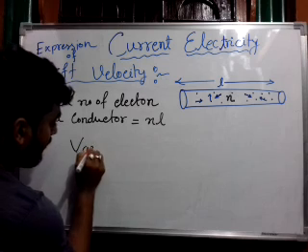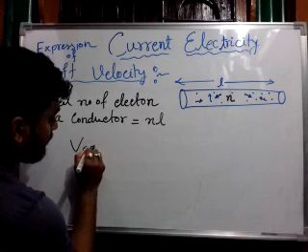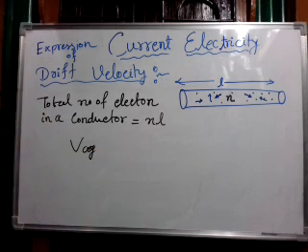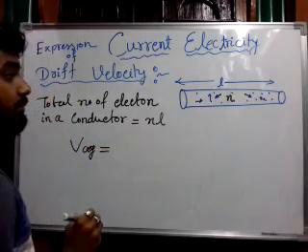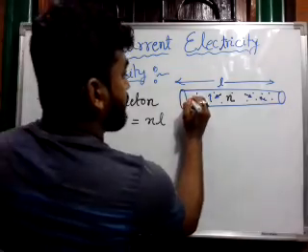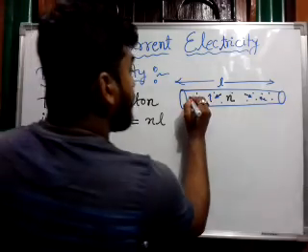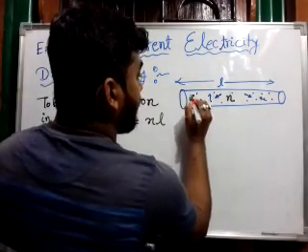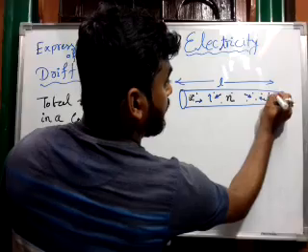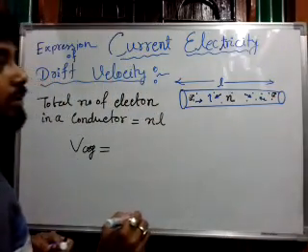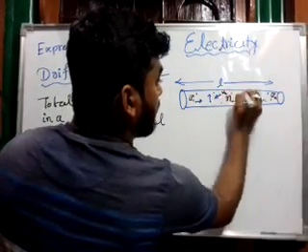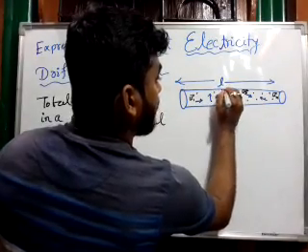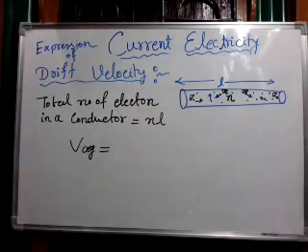Suppose the first electron has velocity U1 vector, the second electron U2 vector, the third U3 vector, up to UN vector, so many electrons moving randomly.